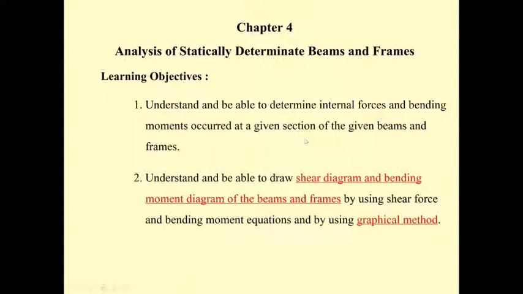So if we determine the shear force and the maximum moment incorrectly, our design result will also be incorrect. So this is a very important thing.